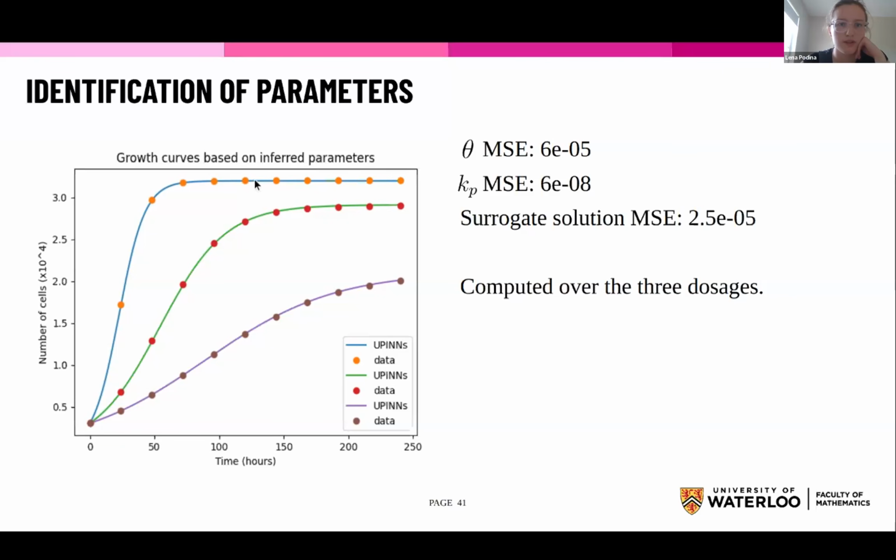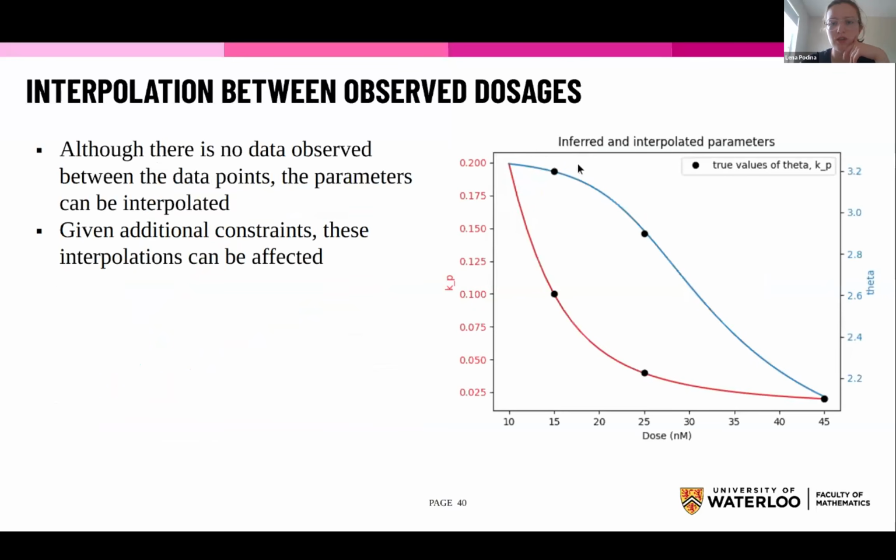So this is where we identified theta and KP. Essentially, I talked about interpolation, but here the estimate also matches for different levels of dose.